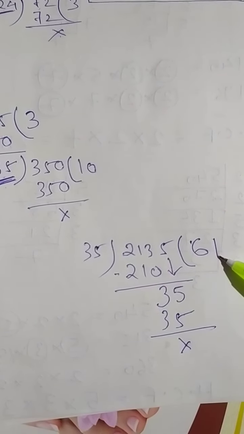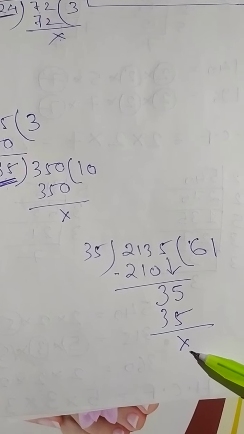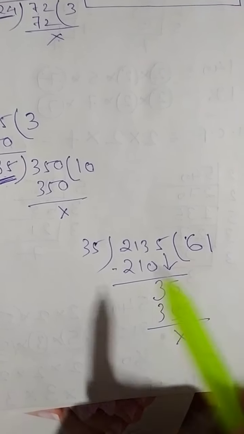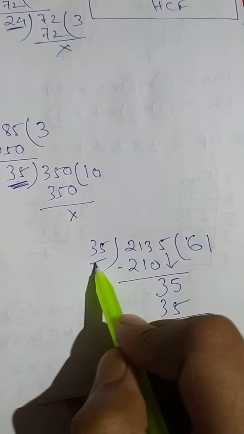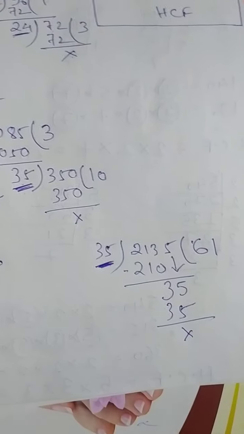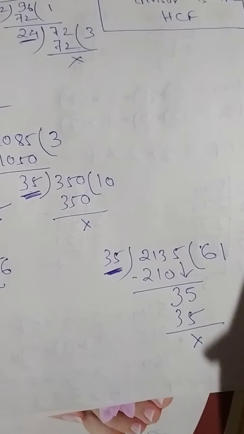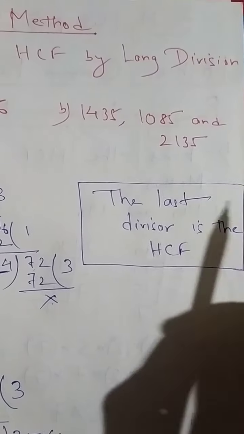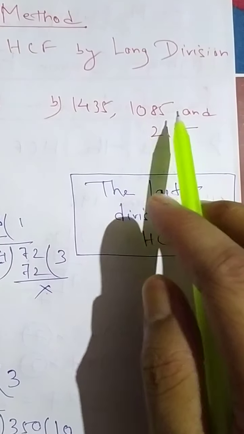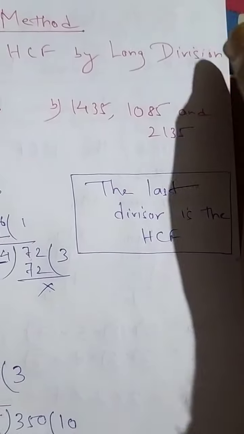So 35 if you divide, the remainder is coming 0. So the last divisor is the HCF. So your final answer is 35. That means the HCF of 1435, 1085 and 2135 is 35.